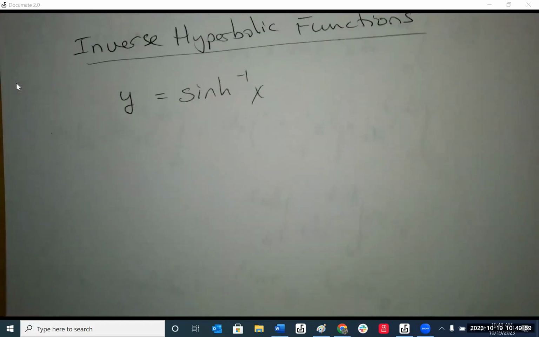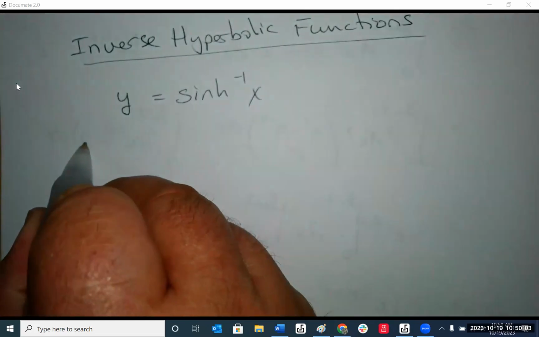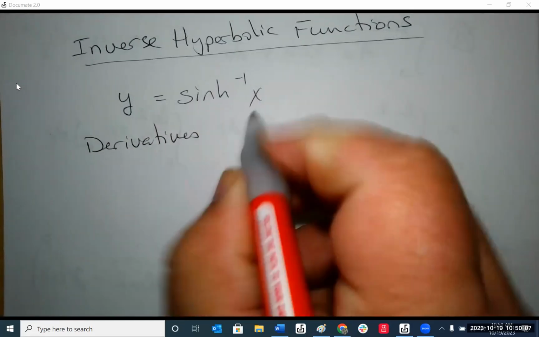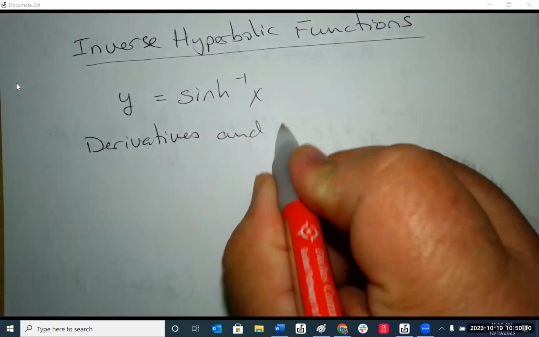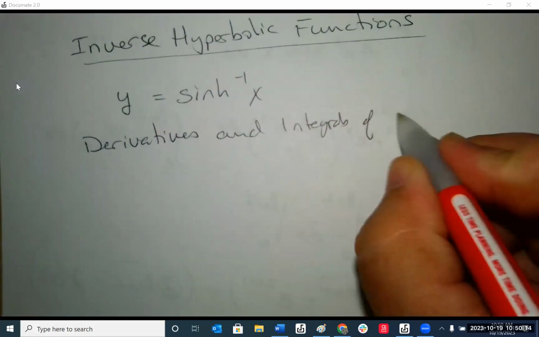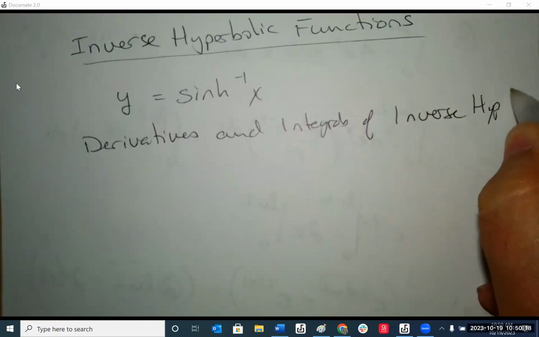All right, so we know that we can take inverses, and we know what the graphs look like. So let's see an example here. Oh, let's do the examples first. Since we have inverse functions, let's look at derivatives and integrals of inverse hyperbolic functions.